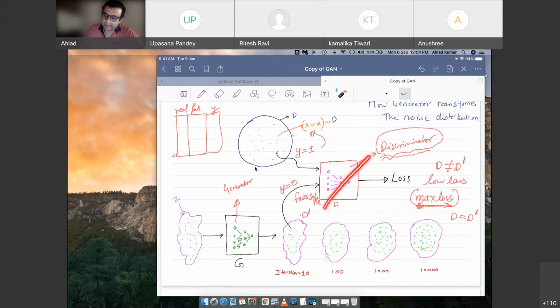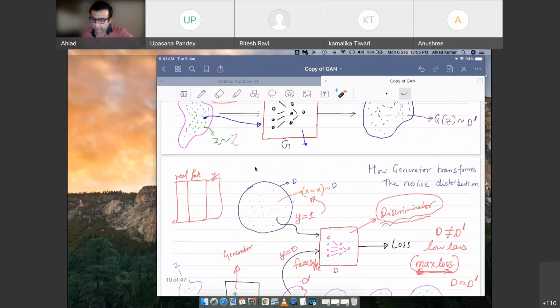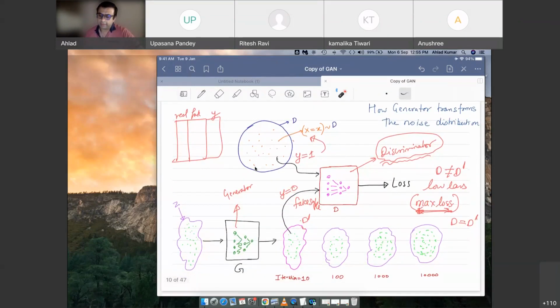With each iteration, your discriminator and generator will become better and better, and at 1000 iterations your discriminator will have a very good boundary which looks as close as possible to this D. In this situation where your D becomes somewhat close to D dash but it is not exact, the samples that you will take from this distribution will be somewhat similar to the samples that you have in this distribution here, which is D. So this is exactly the role of generative adversarial network.